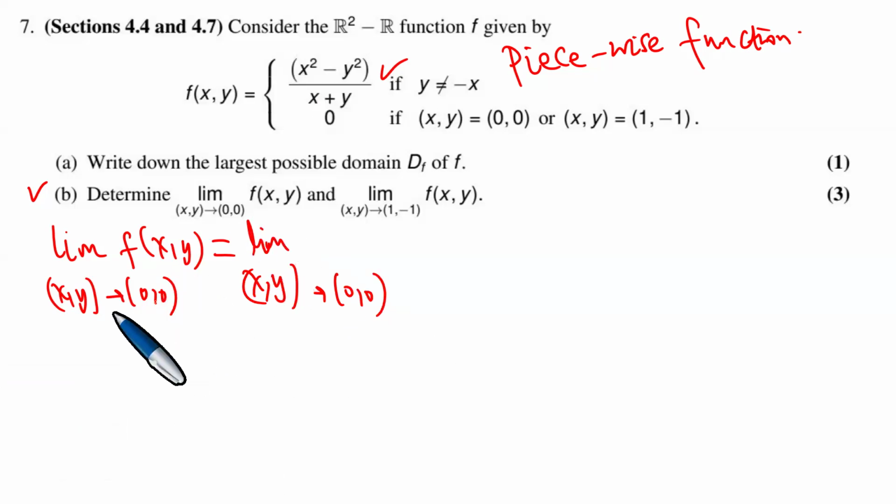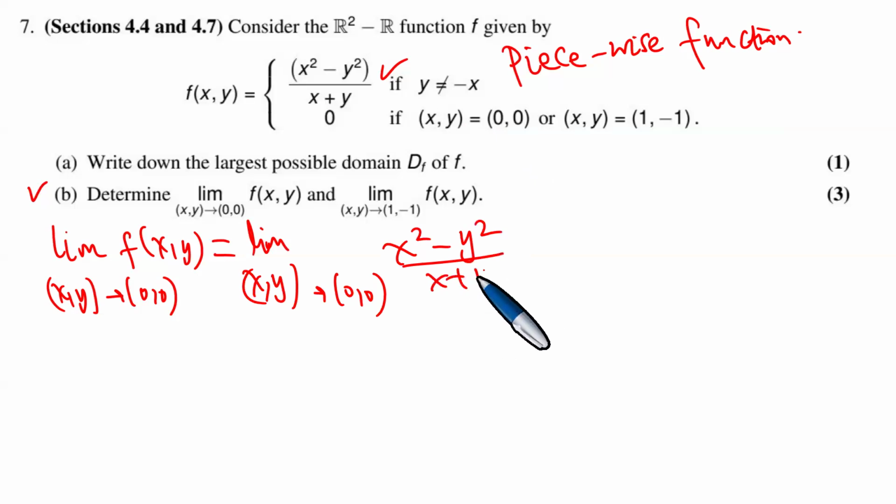Obviously, when x and y approach 0, we take the top part of the piecewise function, and we ignore the bottom part.